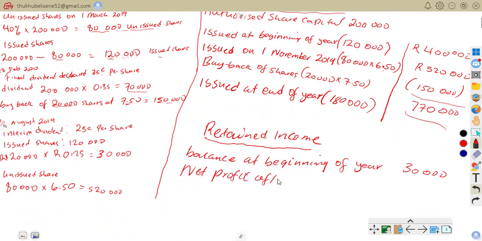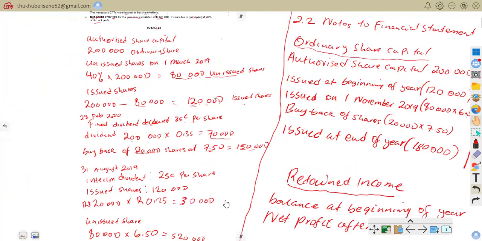Net profit after tax. We know the net profit after tax is 420,000, which we have seen on our questions.